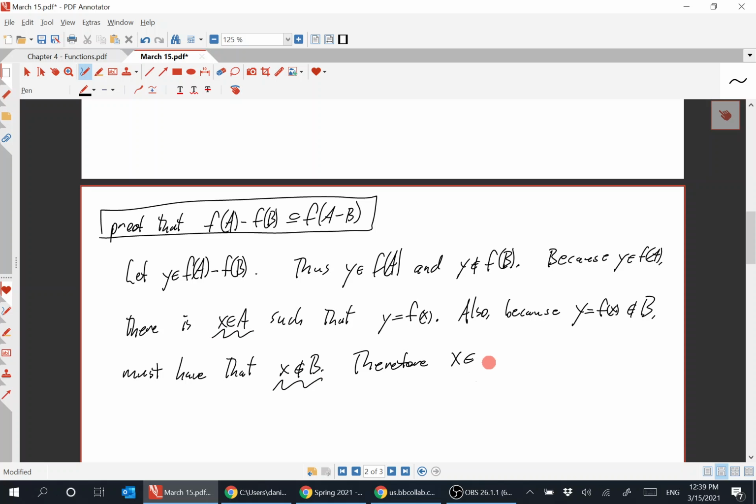In A minus B. Which makes y, which is equal to f of x, an element of the image of A minus B. That's that.